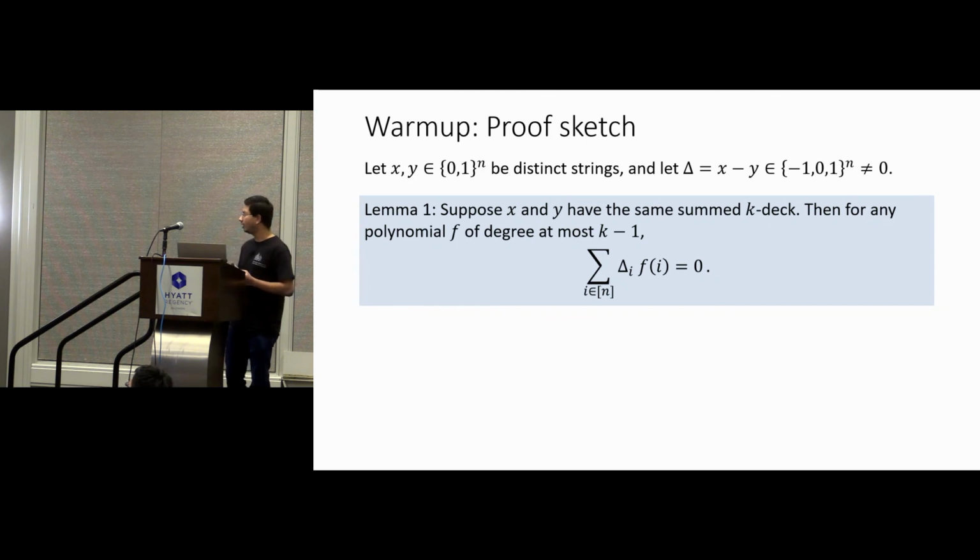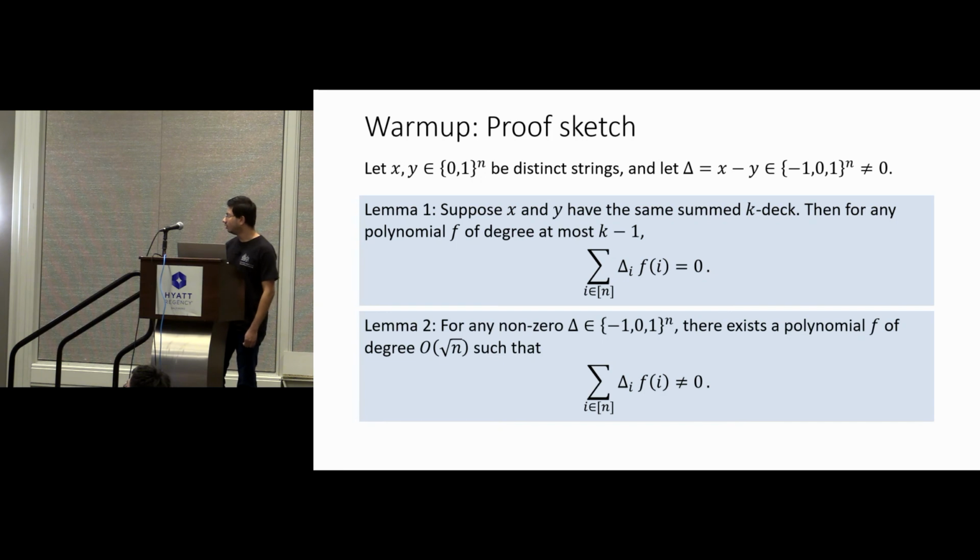Then we'll have to show two lemmas. One is that suppose x and y have the same summed k deck. Then for any polynomial of degree k minus 1, this weighted sum of the values of the polynomial on integer coordinates between 0 and n times this difference vector delta i is 0.